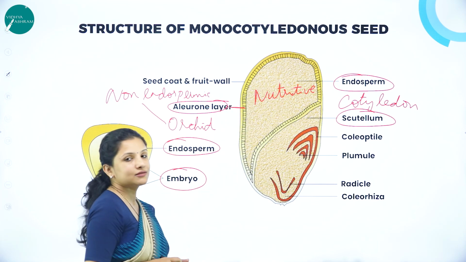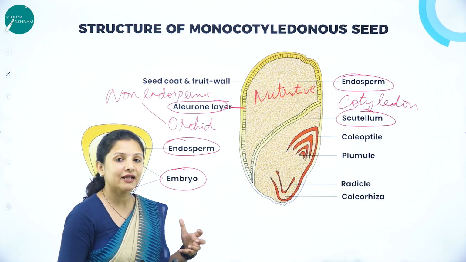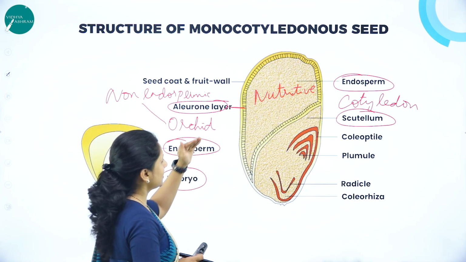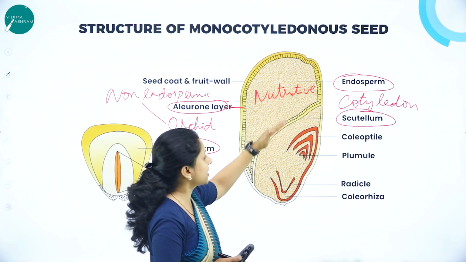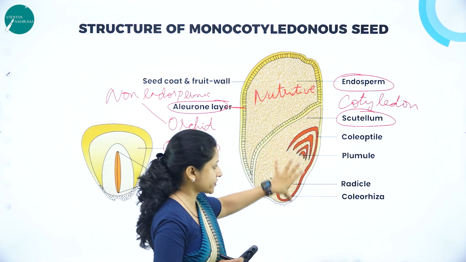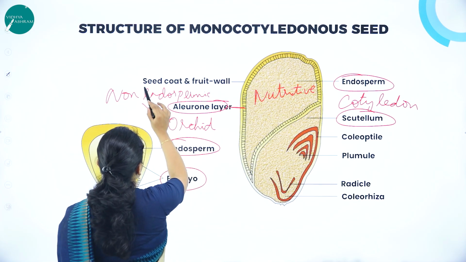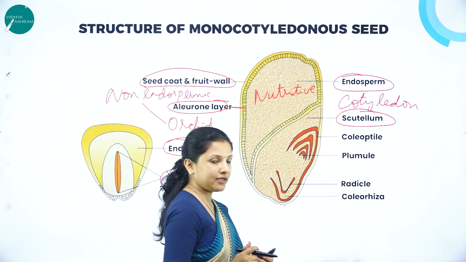Aleurone layer. Now what is this aleurone layer? It is proteinaceous. It contains a lot of protein and it also separates the endosperm from the cotyledon region or the embryo, because it is in this portion that the embryo is present. And it also has the seed coat and the fruit wall, and it has a coleoptile.